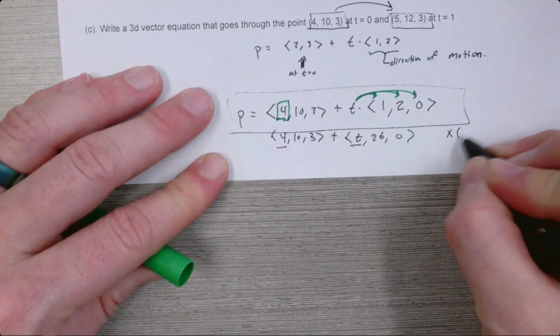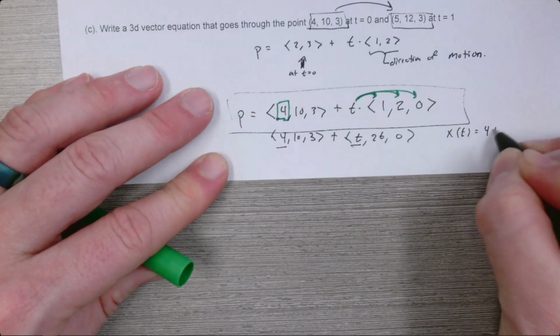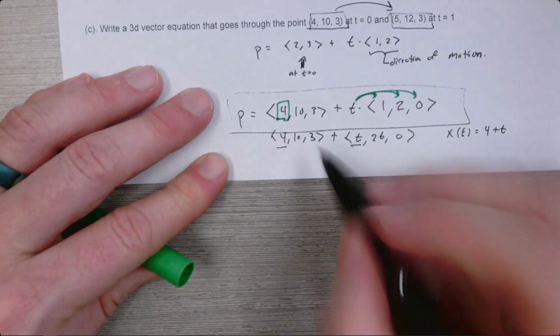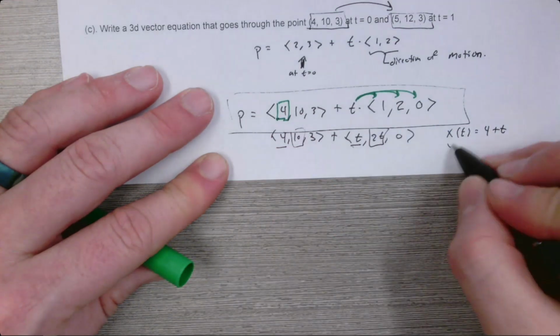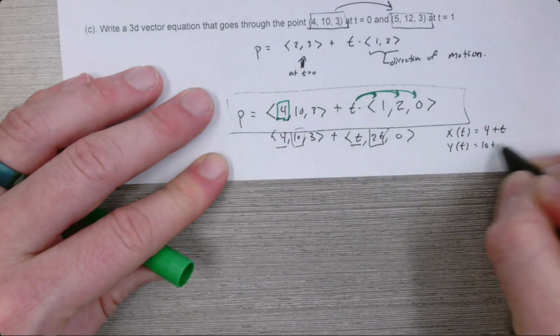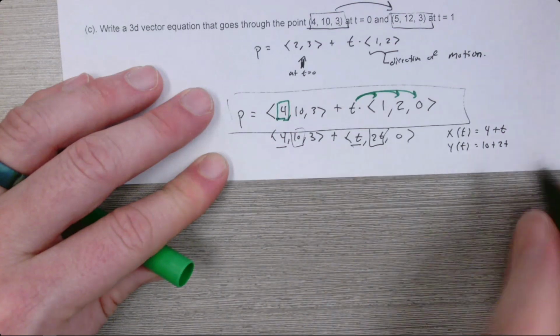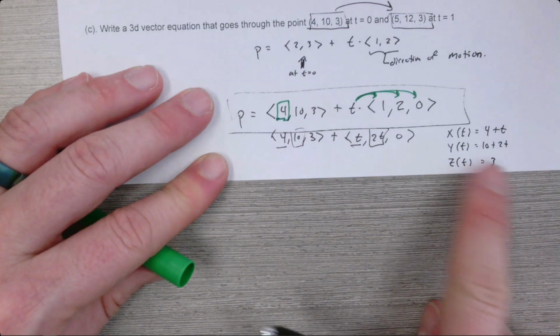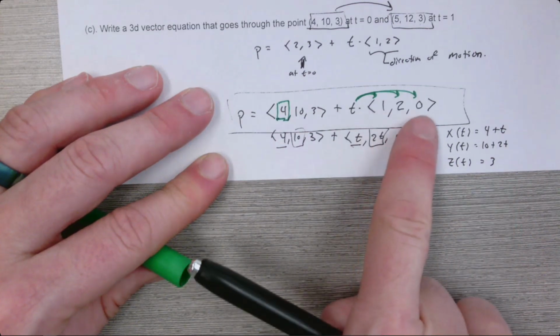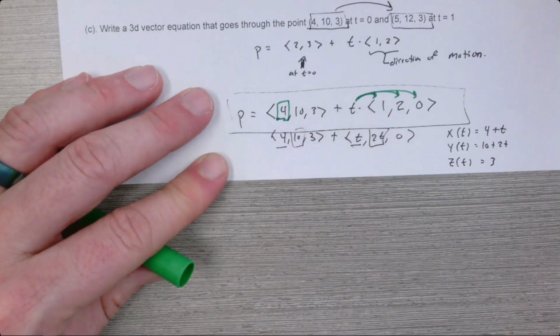So I'll have my x of t equation is 4 plus t. My y of t equation is 10 plus 2t. And my z of t equation is just 3, because z doesn't actually change with time, because my time-scaled vector has 0 for its z component.